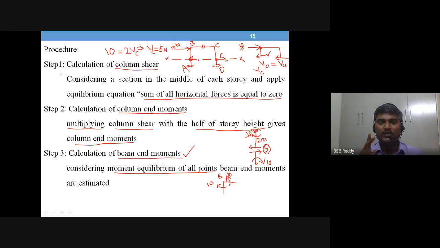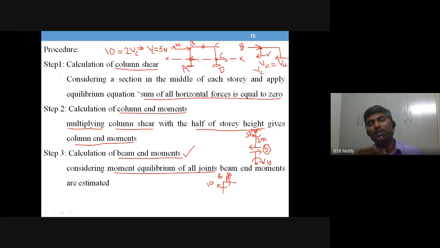The second assumption is that the internal column carries twice the shear of the external column. This is very particular to the portal method, and it is different for the cantilever method. So if you want to analyze a portal frame, you have to start your calculation from the column shear, because of this assumption.